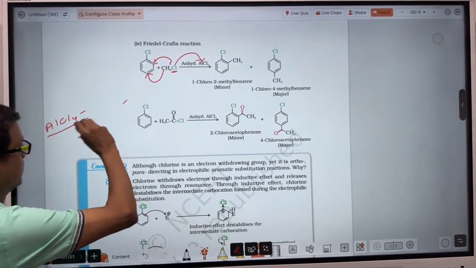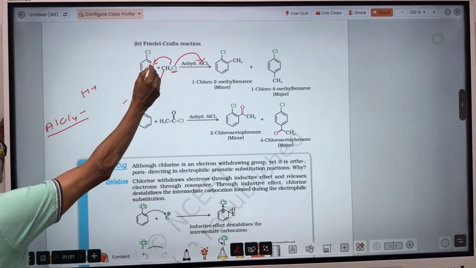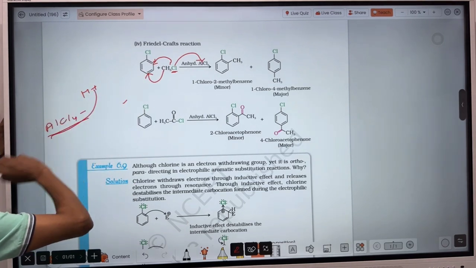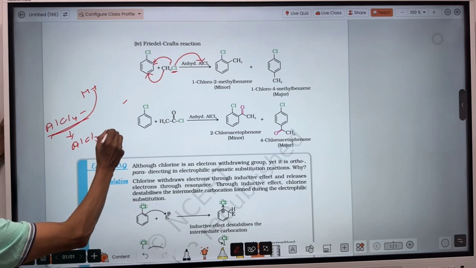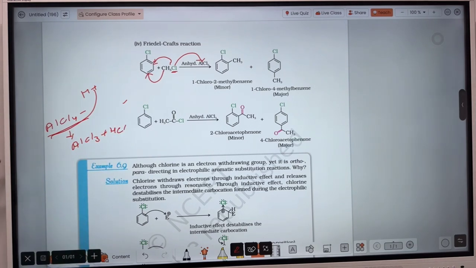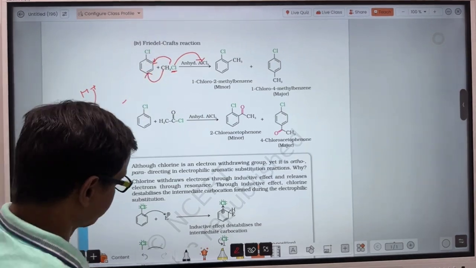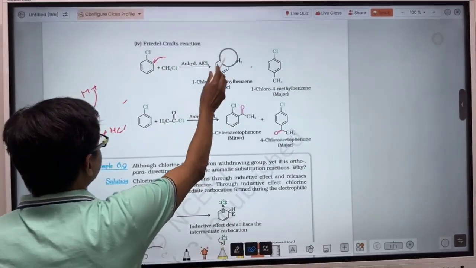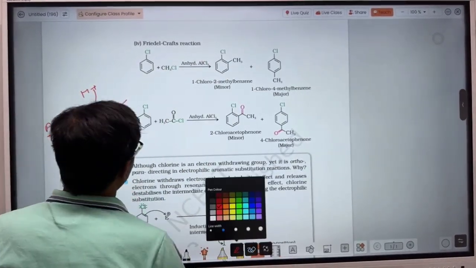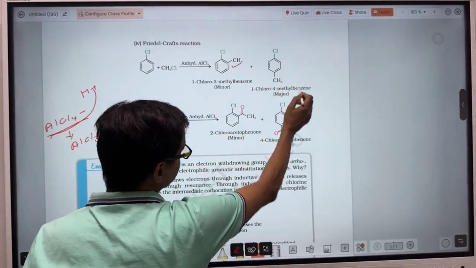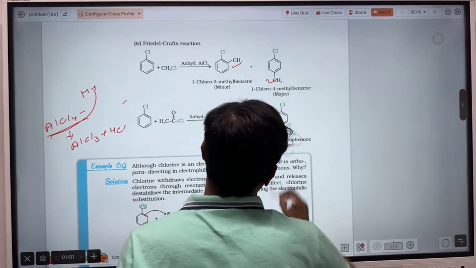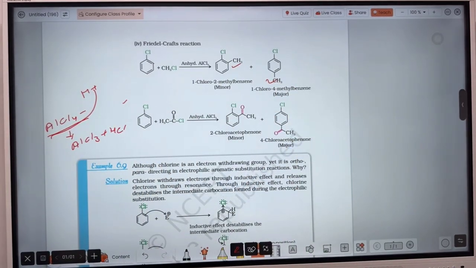The hydrogen released from this position or this position will combine with AlCl4 minus and form AlCl3 and HCl. So when the haloalkane is treated with haloarene, the alkyl part will bond to the ortho position or the para position. At the ortho position, the alkyl part has been bonded, and here at the para position, the alkyl part has been bonded. How to write the IUPAC name?